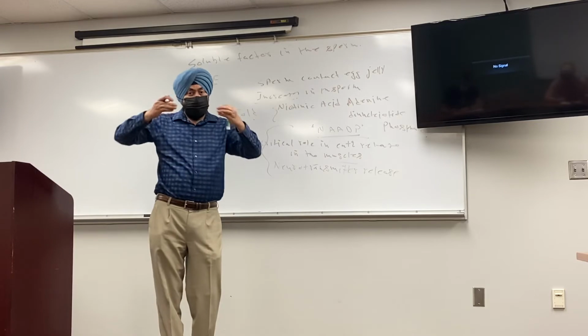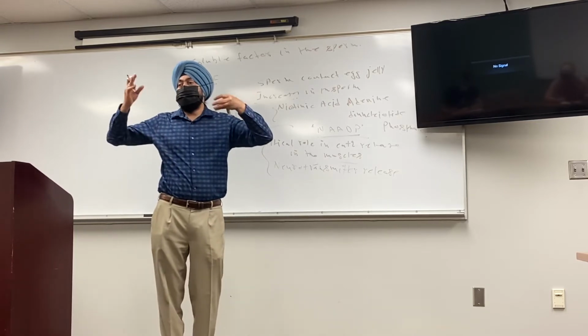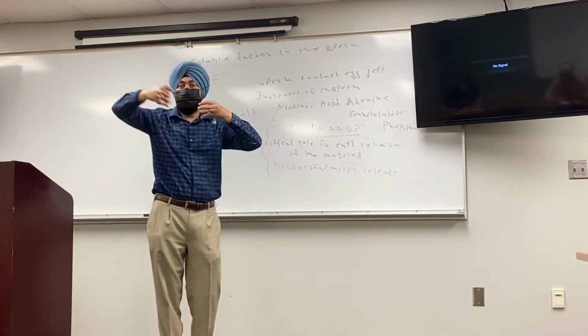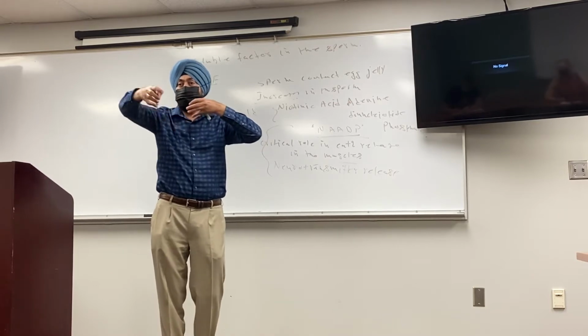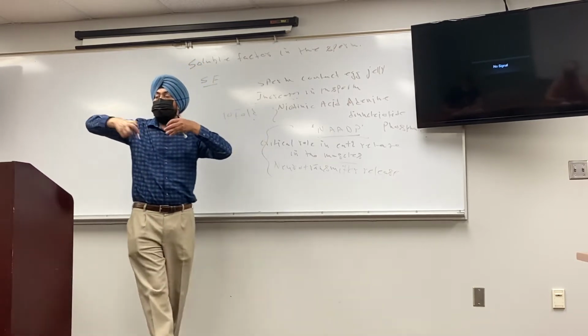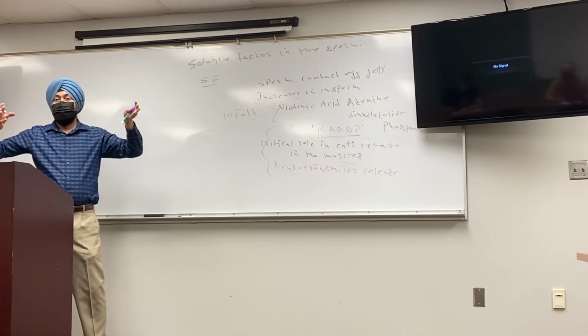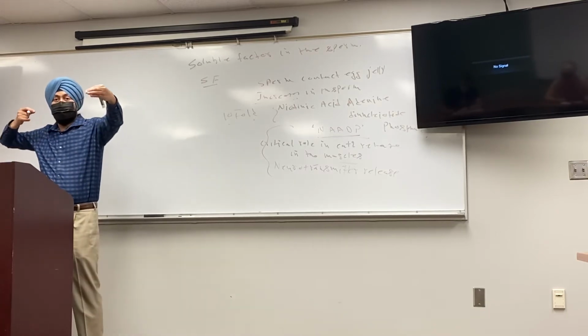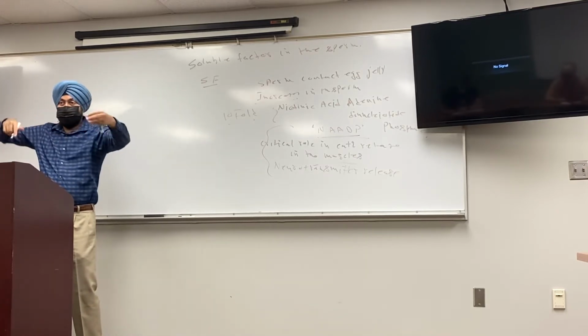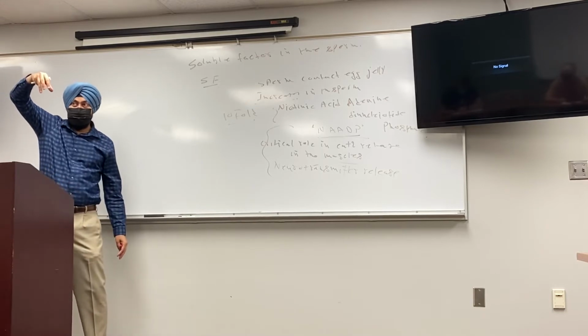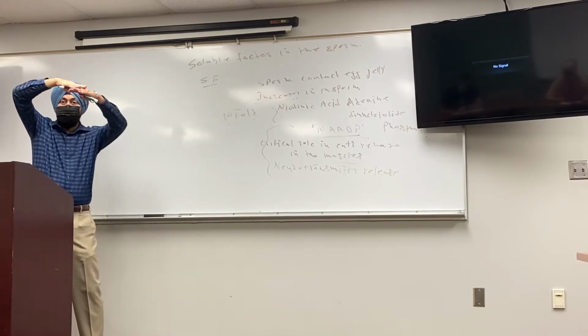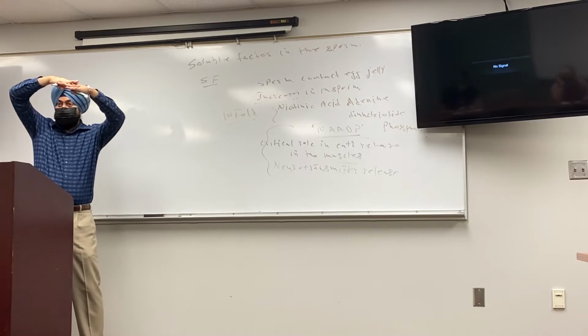Now, in normal fertilization, and that's why they say intracytoplasmic injection of sperm is successful, right? But in normal fertilization, you have two waves of calcium increase. One wave is when the receptor is bound to the binding.